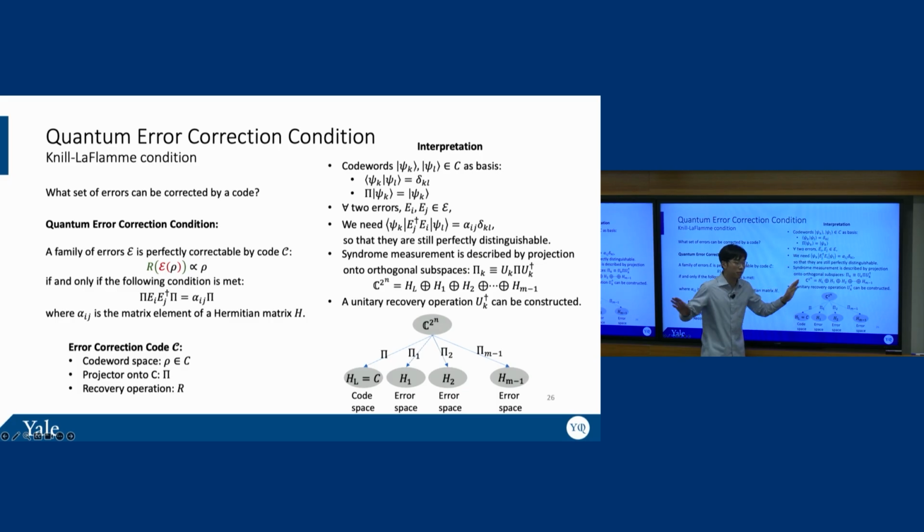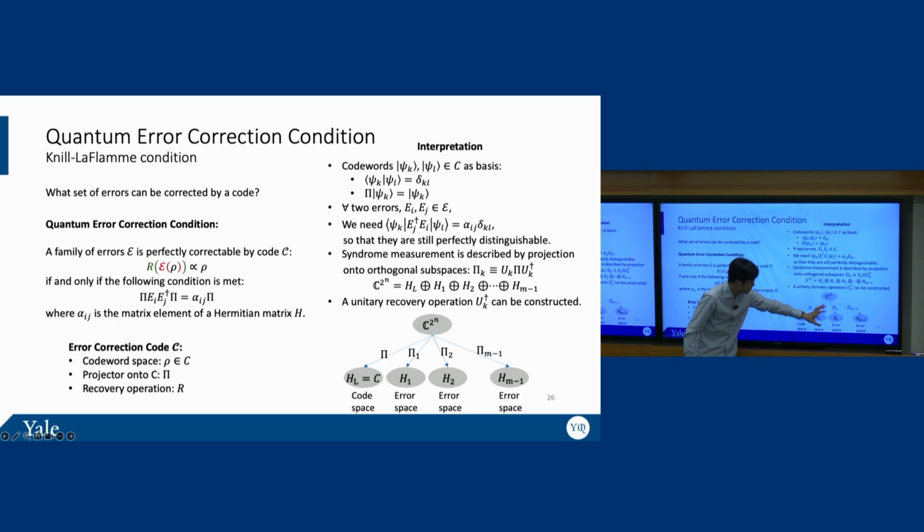It does not change my quantum information if no error occurred. If there's some error occurring, for example, take any two errors, it will not change the relative angle between the two code words. In other words, they remain orthogonal. Therefore, if you perform some measurement along the right basis, you can still perfectly distinguish two basis states.